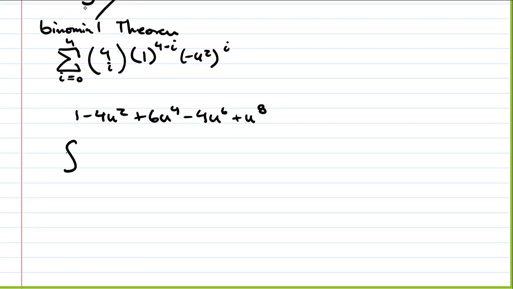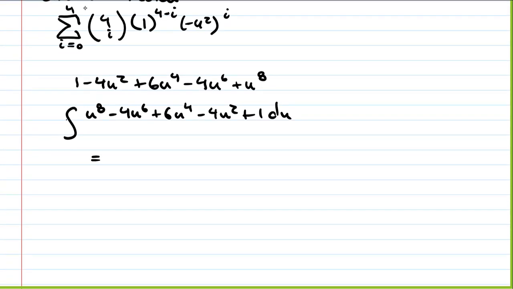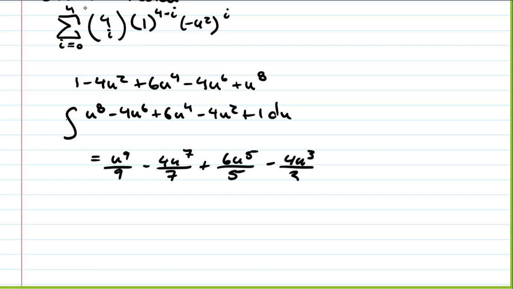So now we need to integrate u to the 8th minus 4u to the 6th plus 6u to the 4th minus 4u squared plus 1 du. So we get u to the 9th over 9 minus 4u to the 7th over 7 plus 6u to the 5th over 5 minus 4u cubed over 3 plus u plus our constant c.